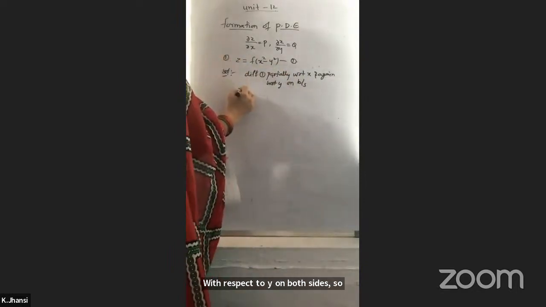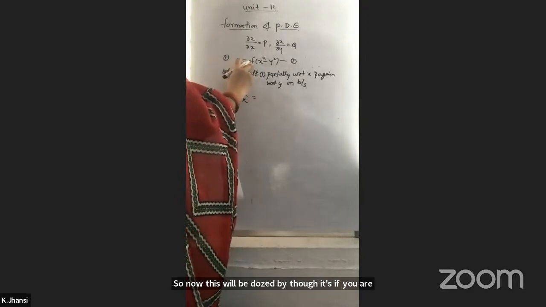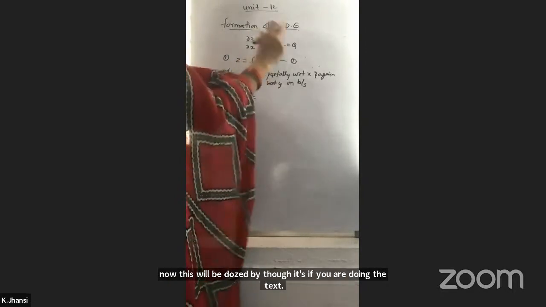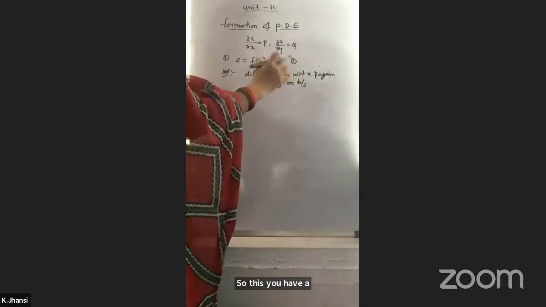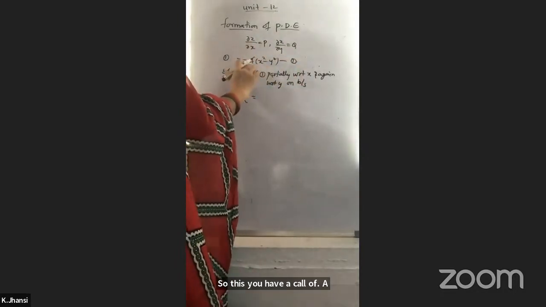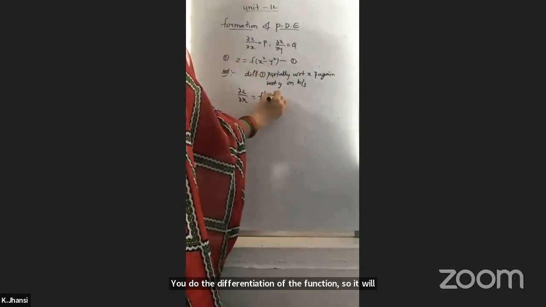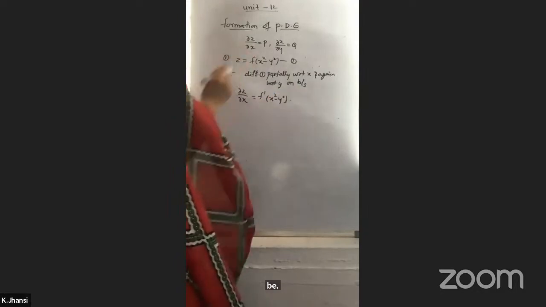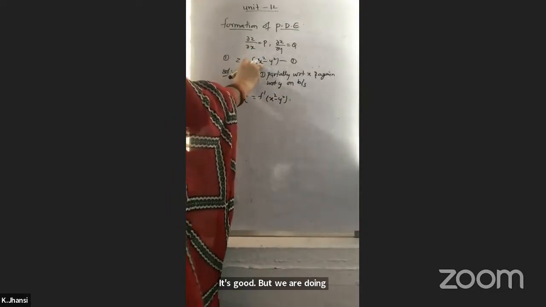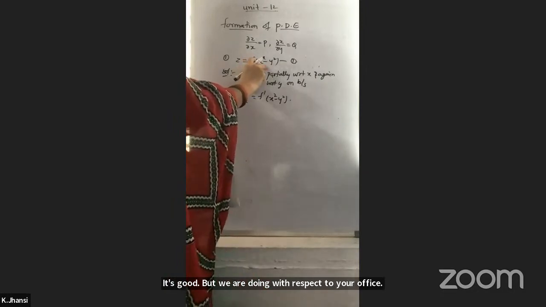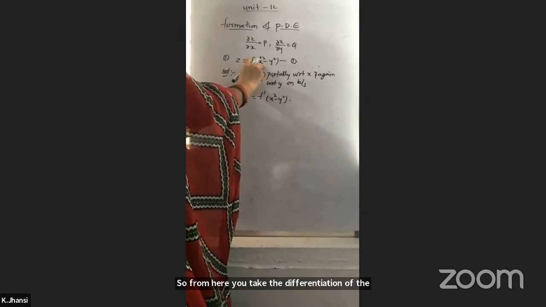Now, ∂z/∂x is this: we have a whole function of the form f, so you can't split it. Directly differentiate the function. It will be f dash of x square minus y square into, since we are differentiating with respect to x, the derivative of x square only, as y square gives 0.